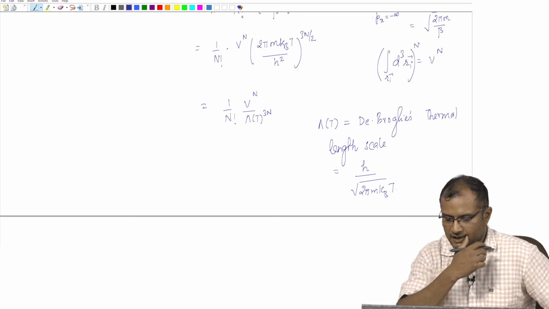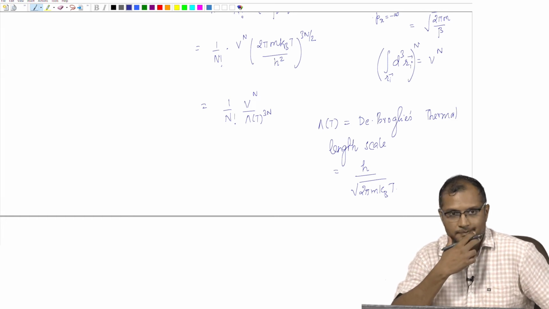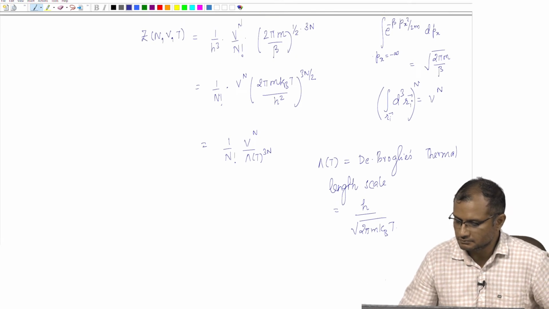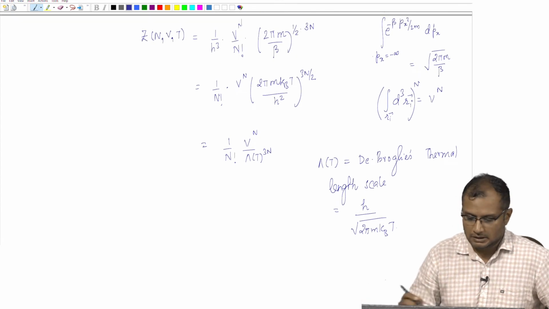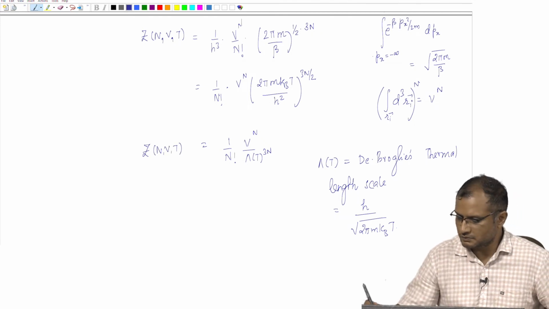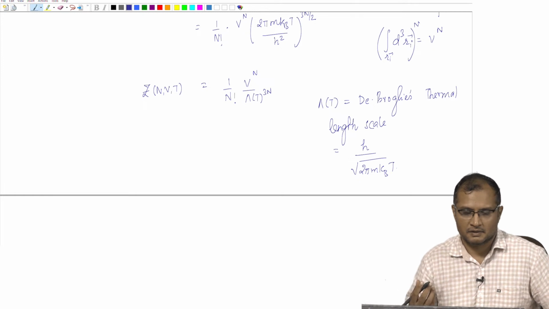So, then we can write this as V to the power n over n factorial λ to the power 3n. All right. So, this is my partition function.